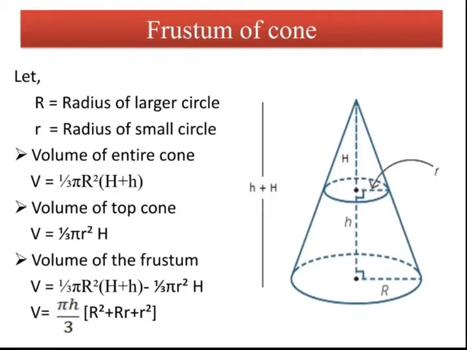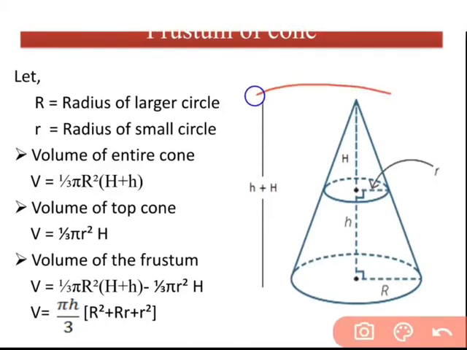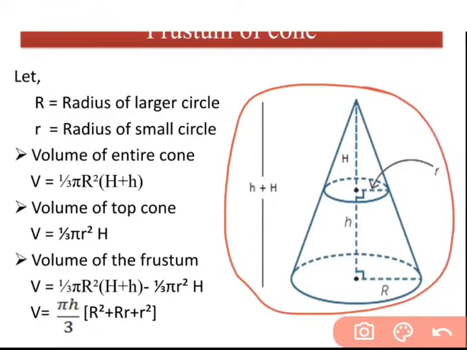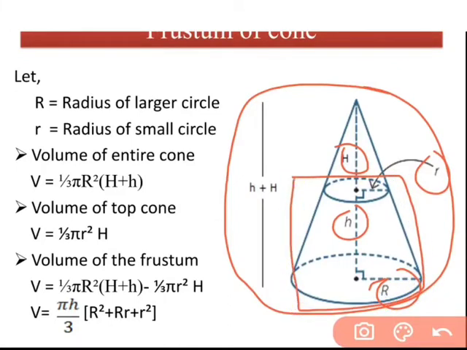Now you can see in the figure, small h is the height of the frustum of cone, capital H is the height of the upper cone, capital R is the radius of the larger circle, and small r is the radius of the smaller circle. And this portion indicates the frustum of cone.